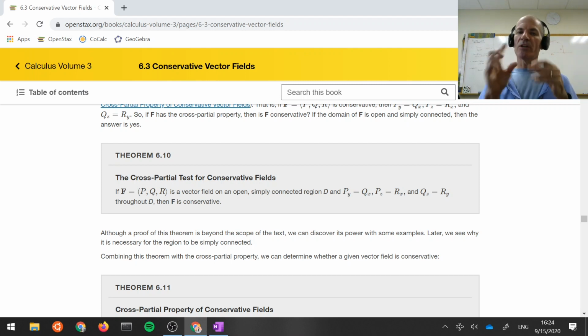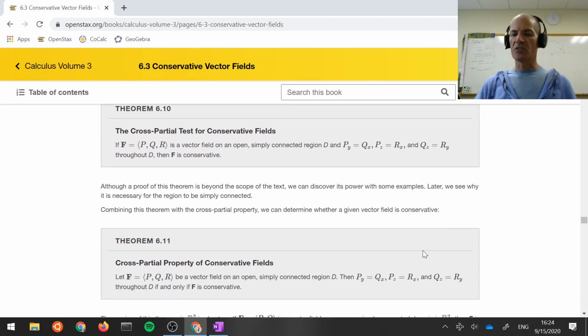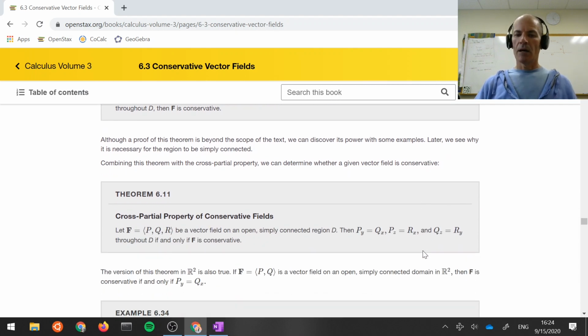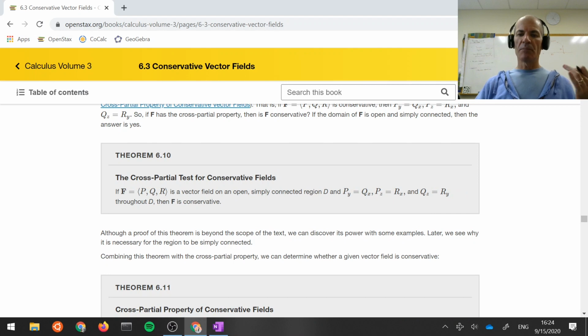You go around the horn, you look at all the possible mixed partials. If they're all equal, three tests, this thing is conservative, more or less. There are some caveats that I'll let you read about, but this test is pretty reliable. And if you only have 2 dimensions, then you only need to worry about P sub y equals Q sub x. But if you have 3 dimensions, then you've got this set of 3 equations.